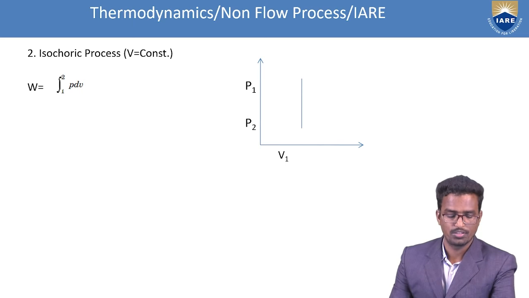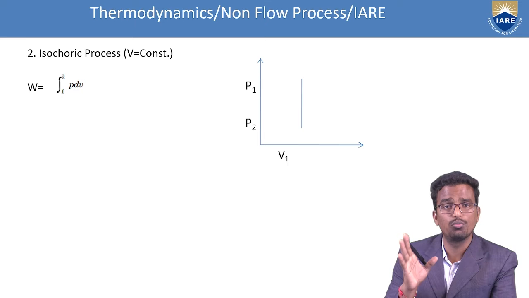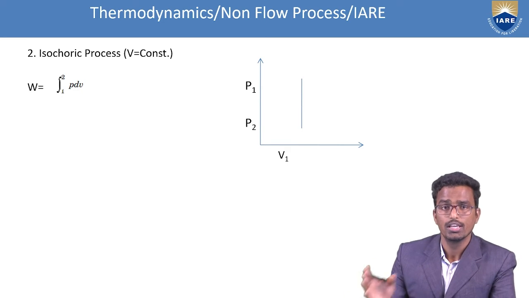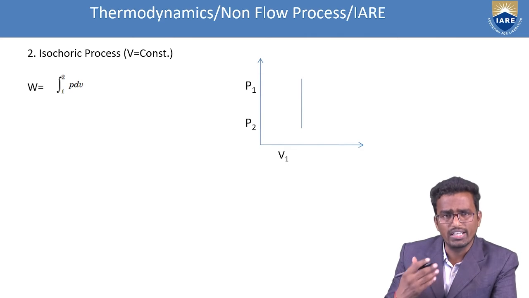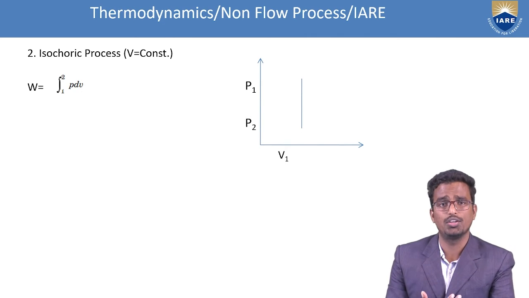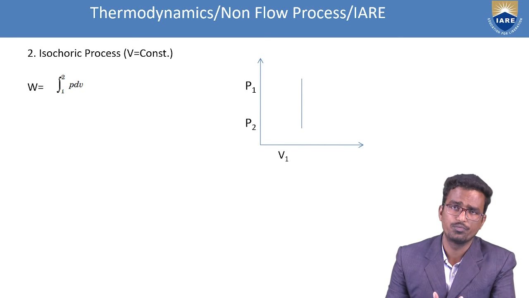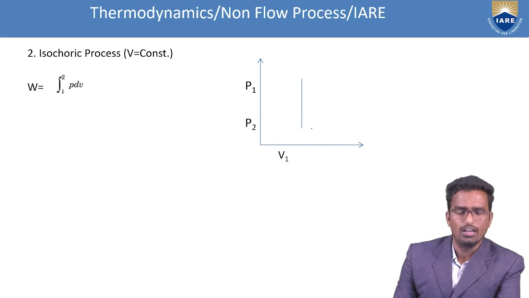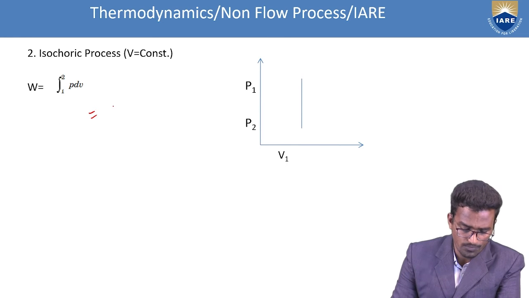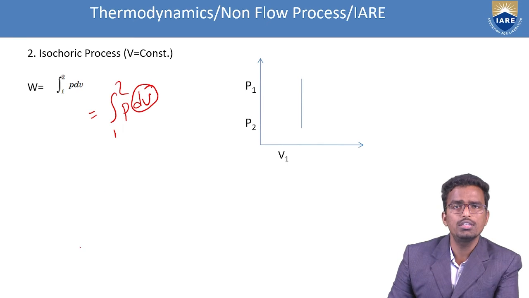Next, the isochoric process. What is an isochoric process? A constant volume process. If work is done at constant volume conditions, then you can say it is an isochoric process. Here, for the non-flow process, the integral from 1 to 2 of P dV. What happened here? The change in volume is 0.